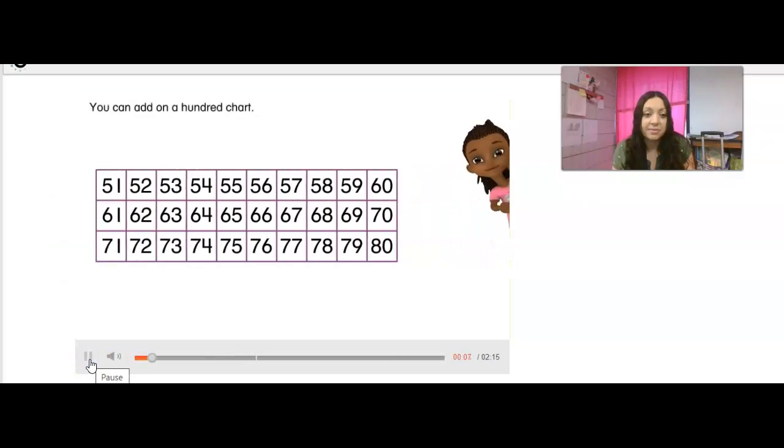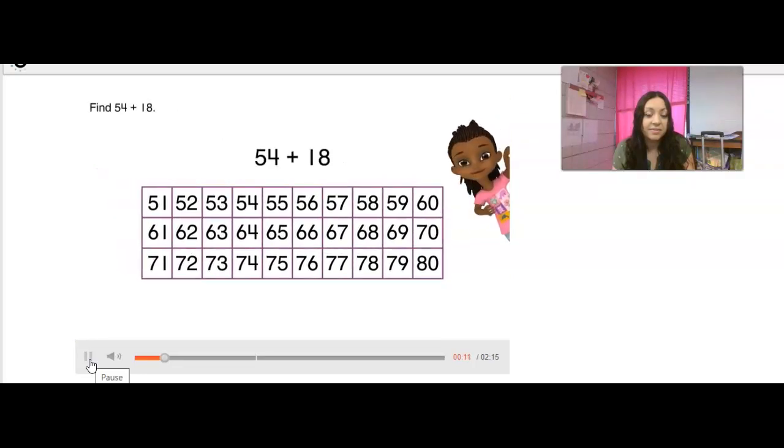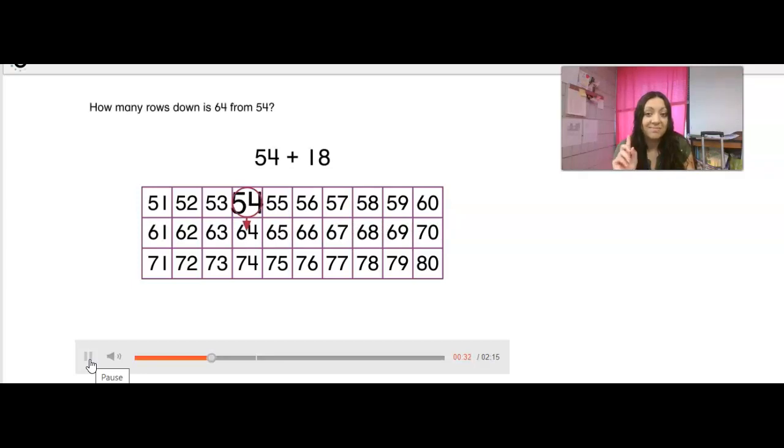You can add on a hundred chart. Find 54 plus 18. Start at 54. Add the tens from 18. Move down 1 row to show 1 ten. How many rows down is 64 from 54? 64 is 1 row down from 54.